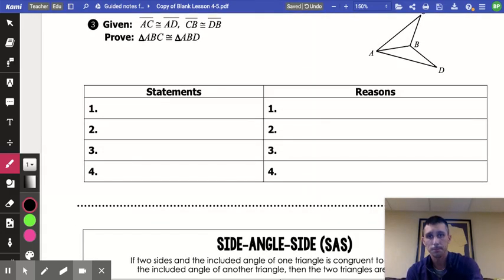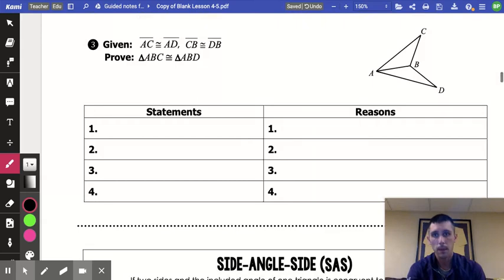All right. Number 3, AC is congruent to AD. I marked those. And CB is congruent to DB.